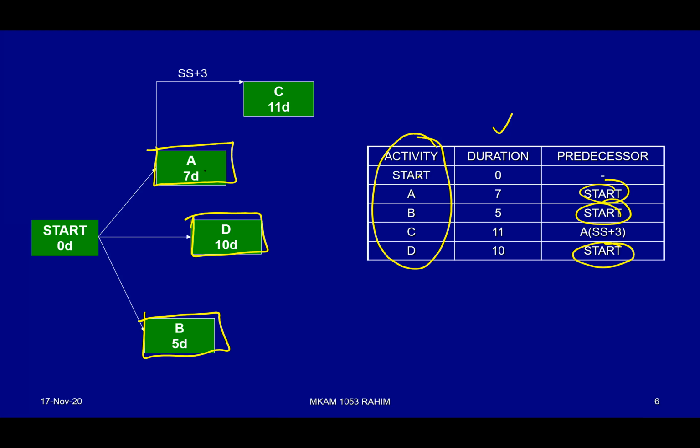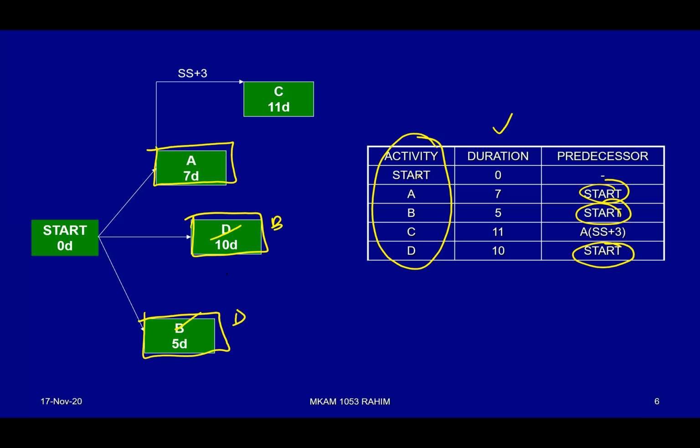The issue is, why do we put D here? Maybe on the first trial of drawing, instead of D you might put B here, and then D here. It doesn't matter. You might rearrange the position of the activities in different ways. Your friend might draw in a different way.